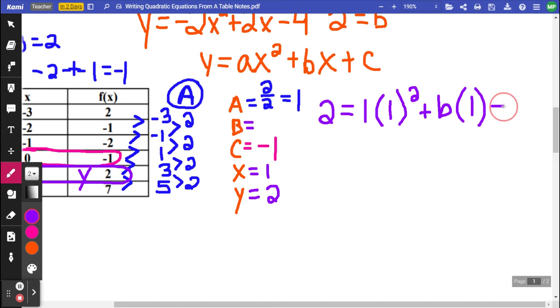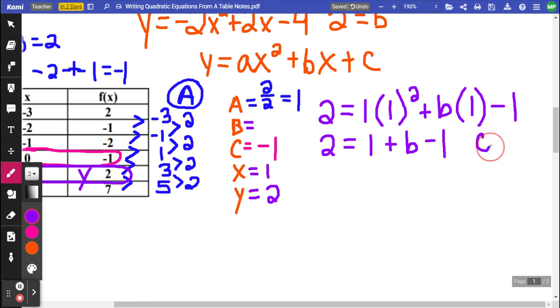And then it's minus 1. So what is 1 squared? 1. So this is 1 times 1, which is 1. B times 1 is just B. And then bring down your minus 1.